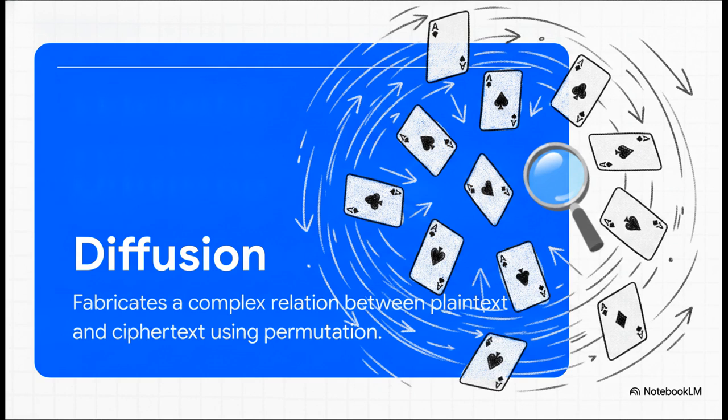What's really fascinating here is how diffusion focuses on the relationship between the plaintext and the ciphertext. It uses complex permutation. To stick with our card metaphor, permutation is like taking that exact same deck of cards and intensely, rigorously shuffling it. You aren't replacing any of the cards, but you are completely scrambling the original order of the plaintext.